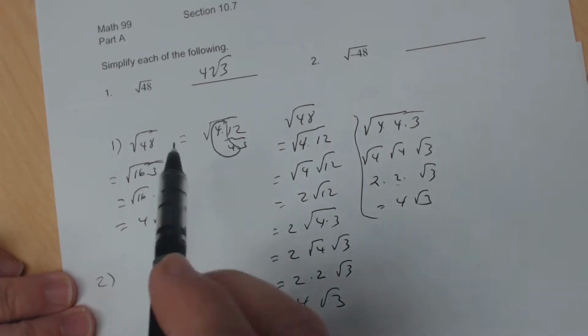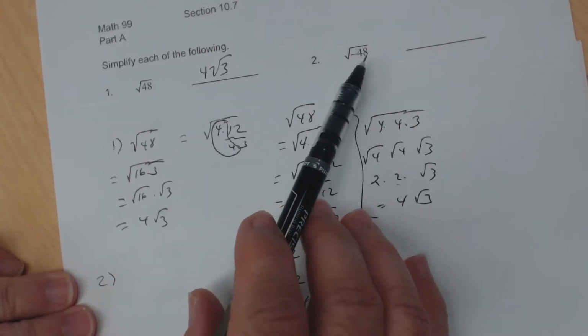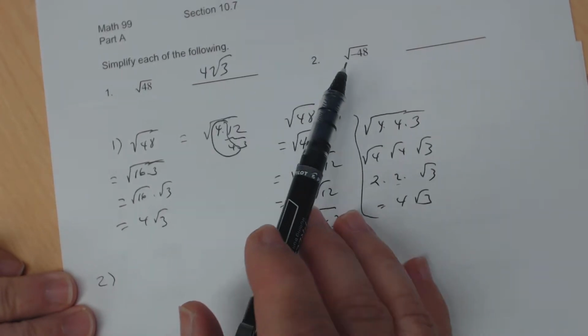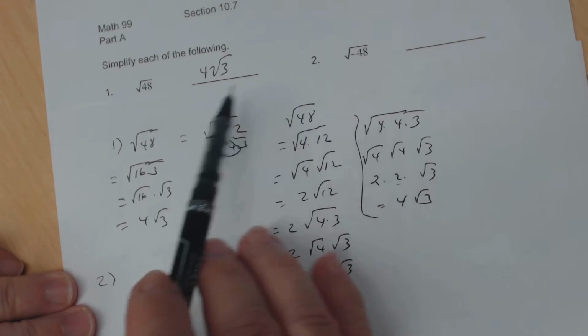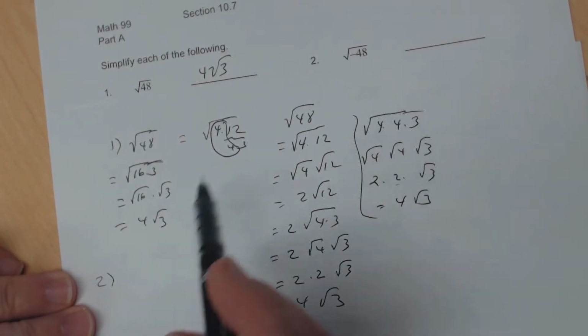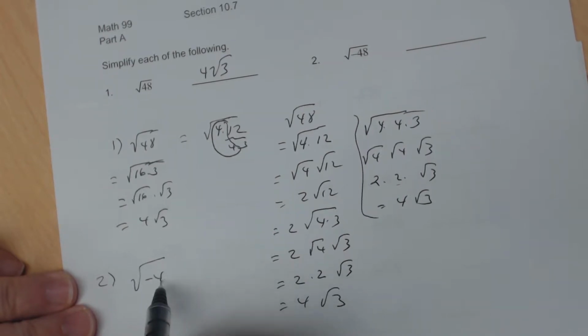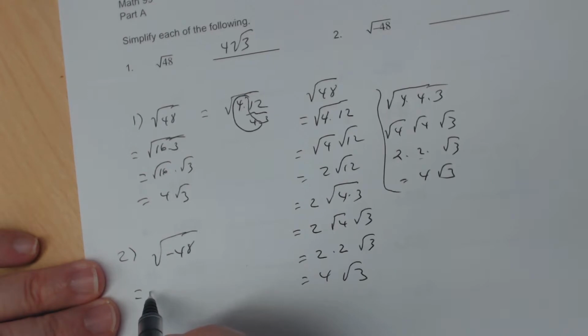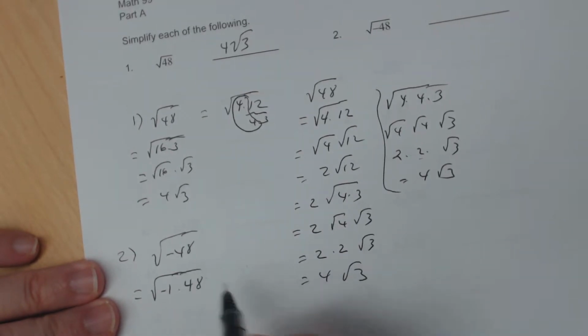All right, number two. Well, assuming that this is correct, let's think about this one. Well, this is correct, but the square root of negative 48. So this is the square root of a positive 48. This is the square root of a negative 48. We know that the square root of negative 48 can be written as the square root of a negative 1 times 48.